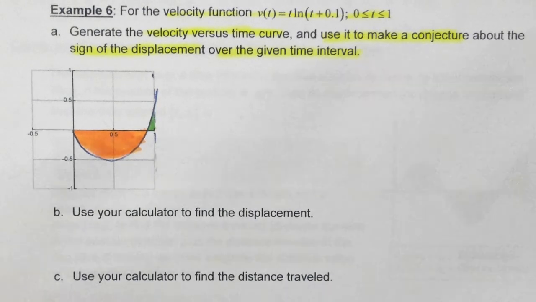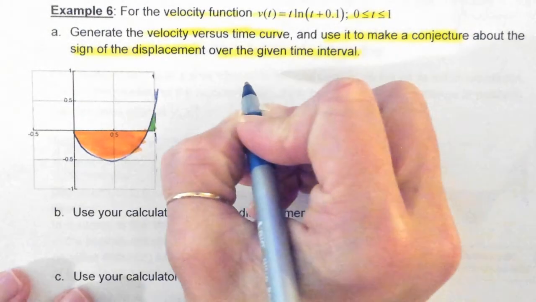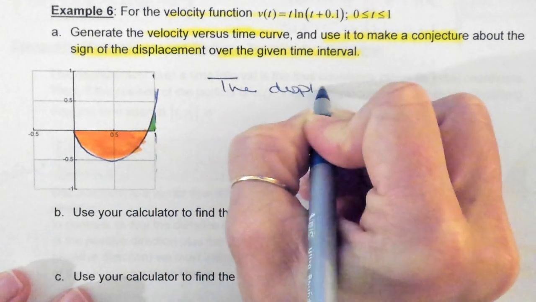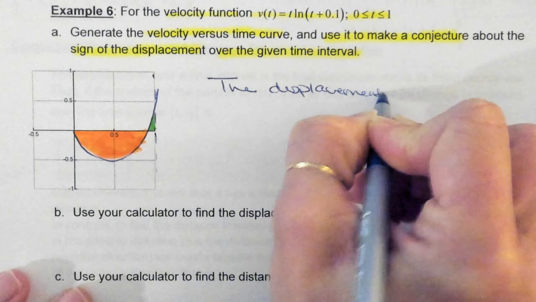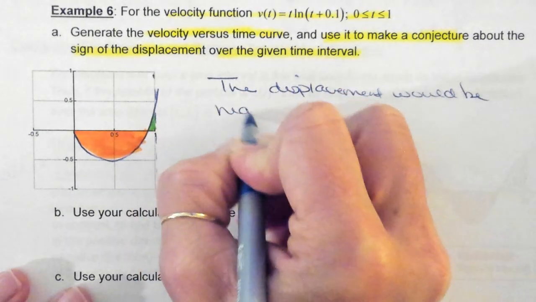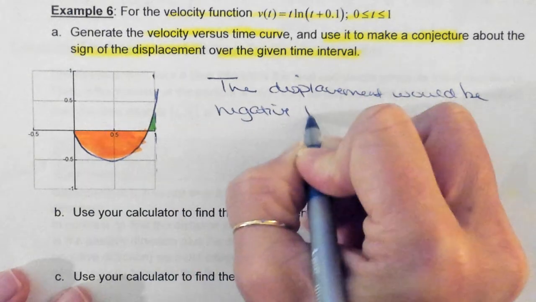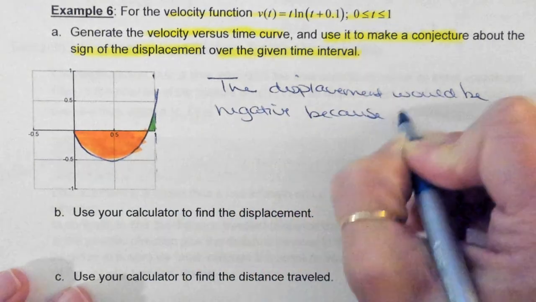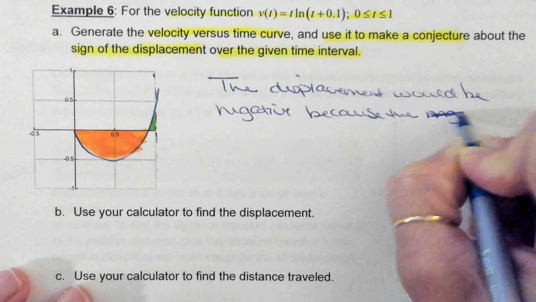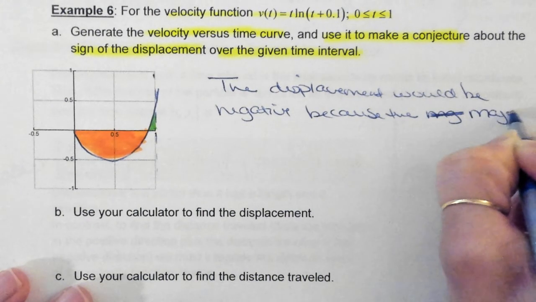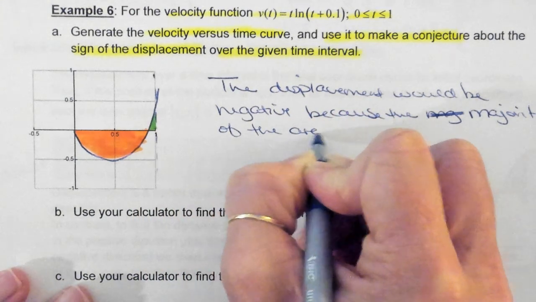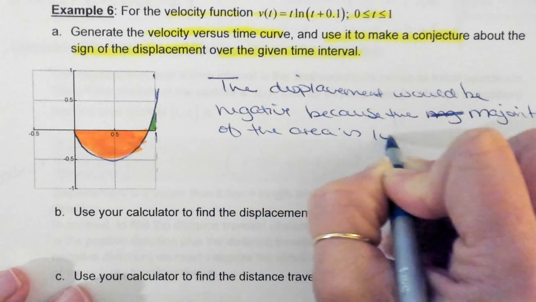Negative. Okay. So we would say the displacement would be negative because the majority of the graph, or how about the majority of the area, is located below the x-axis.